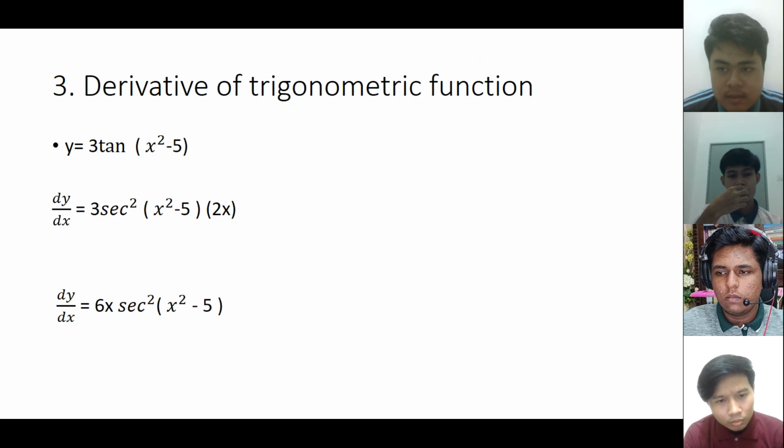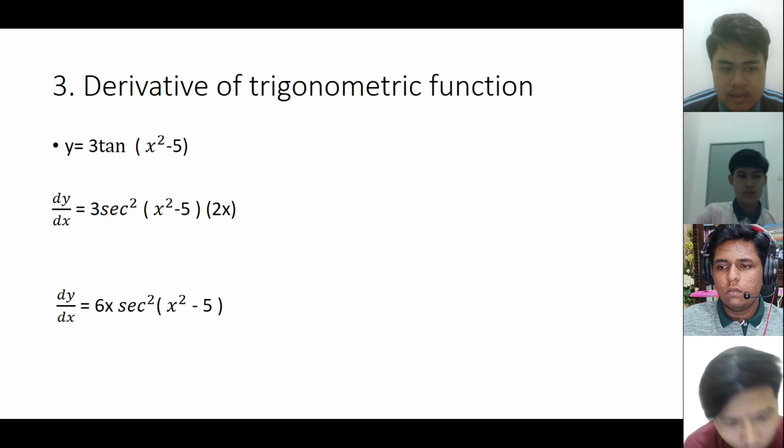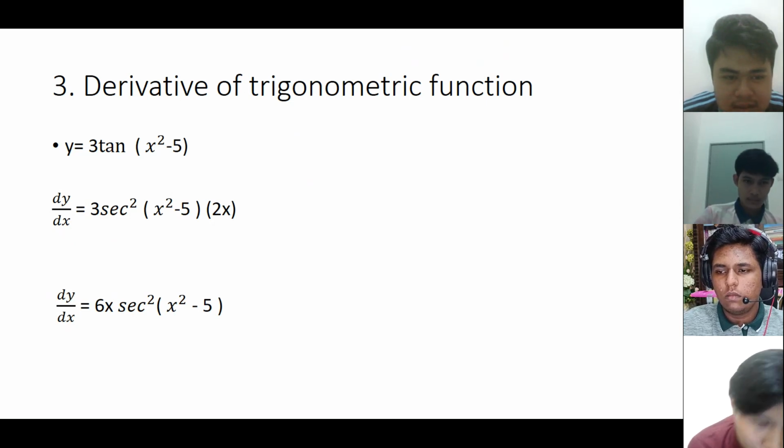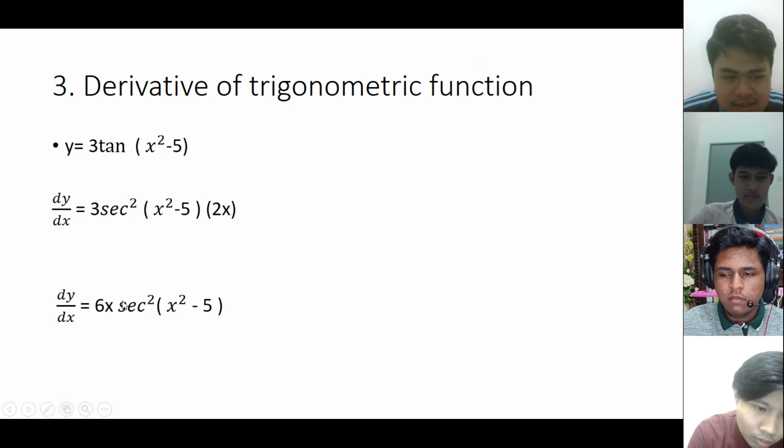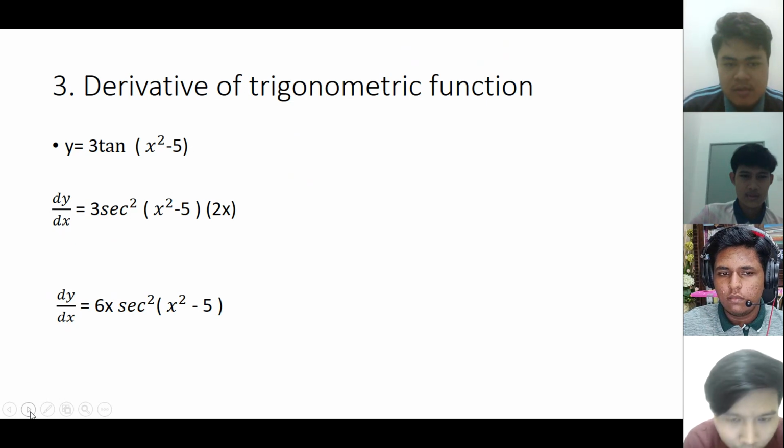So we differentiate, dy over dx equal to 3 sec squared bracket x squared minus 5 close bracket and bracket 2x. So the answer is 6x sec squared open bracket x squared minus 5. That's all for the trigonometric function.